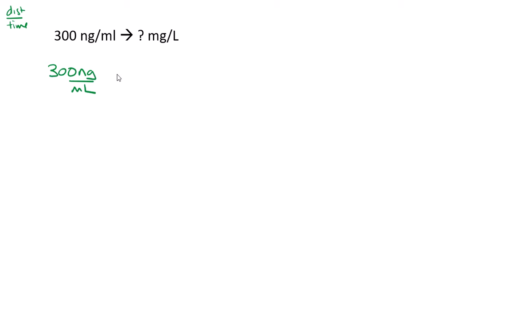So the 300 nanograms. So we need to think about what's 300 nanograms in micrograms first of all. So 1,000 nanograms is 1 microgram, and we had to divide by 1,000. So here we have to divide by 1,000. So that gives us 0.3. Okay, so that's 0.3 micrograms per mil. But I actually want milli, so I'm going to have to do another 1,000 times, aren't I?